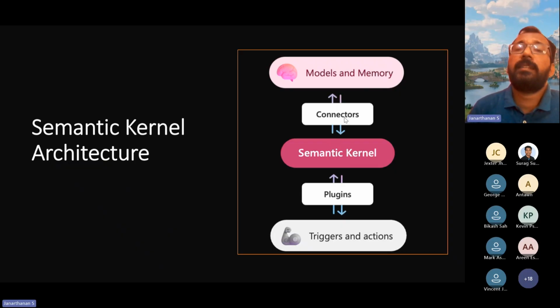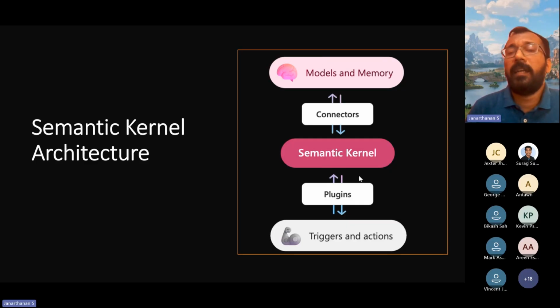When I say connector, the connector could be OpenAI, Azure OpenAI, or a Hugging Face connector. And these connectors will internally call the model. And by model, I mean we deploy a generative AI model in Azure OpenAI. It could be GPT-4o, GPT-4o mini, o3 mini, GPT 4.5, any type of model we can connect.